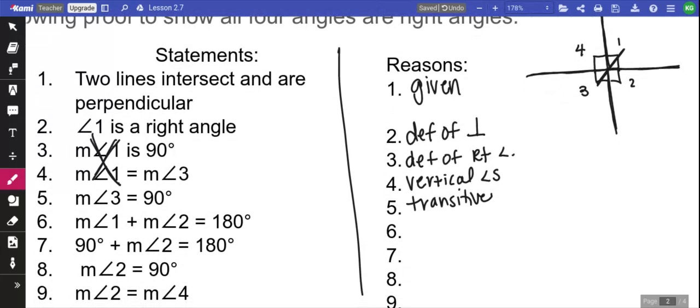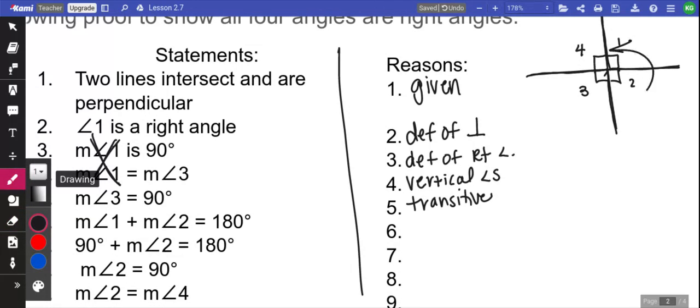Okay, the next thing we can say is, looking at the picture, that angle 1 plus angle 2 equals 180. Well, that's true because those are supplementary angles. So now instead of saying the measure of angle 1 plus angle 2 equals 180, we took out the angle 1.